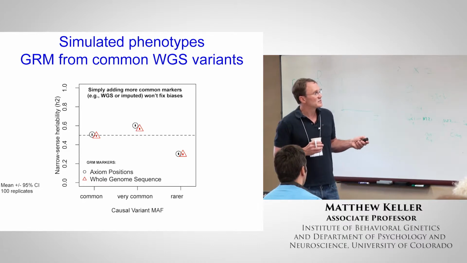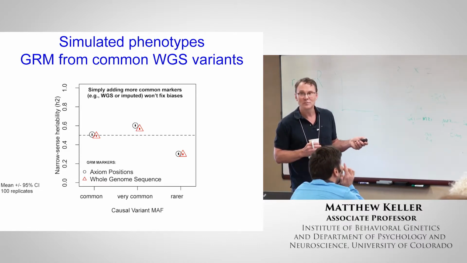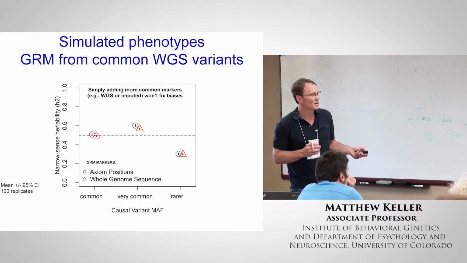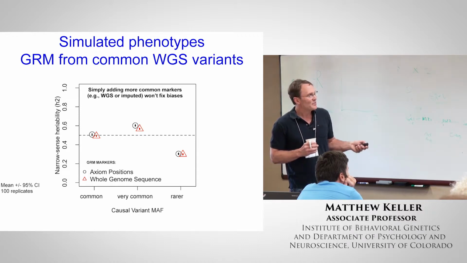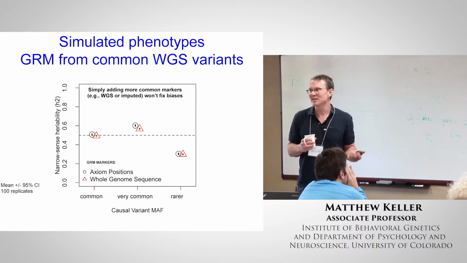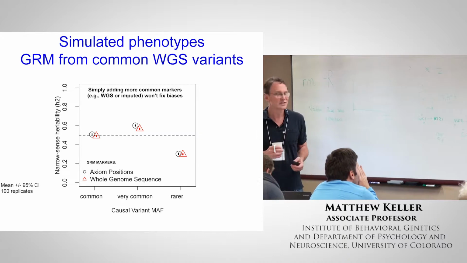If we make the GRM not from the Axiom SNPs, but from all of the whole genome sequence variants that are common, over 0.01, I can't remember what it might be, maybe these are over 0.05 and very common is over like 0.2. I should have asked Luke before I gave this talk. It doesn't really matter because the principle holds.